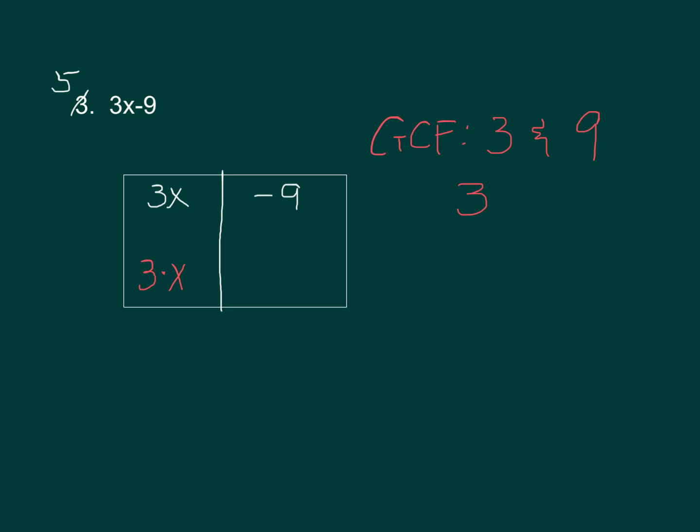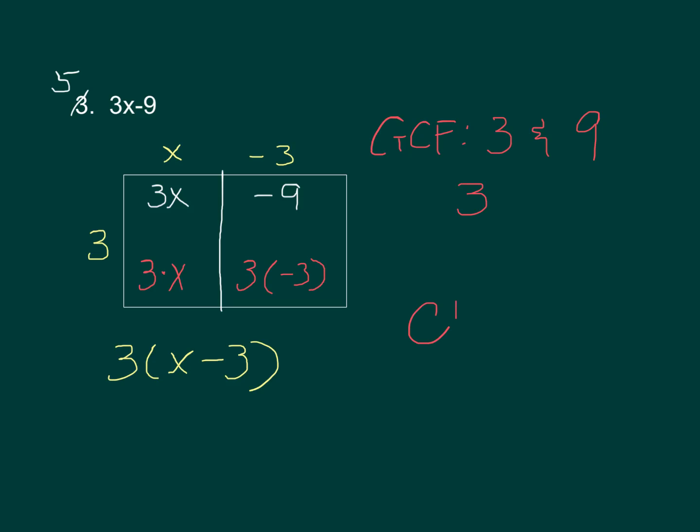And to get negative 9, if you use a positive 3, then you will multiply by negative 3 in order to get negative 9. So one side here is 3, and the length of this rectangle is x minus 3. So this is our answer. The dimensions of this generic rectangle are 3 times x minus 3.